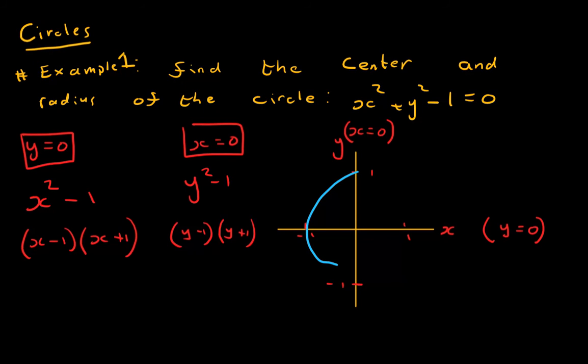A good circle. Okay, so that's the best circle I can draw, and we can see that the radius by inspection is 1, and this is referred to as the unit circle.